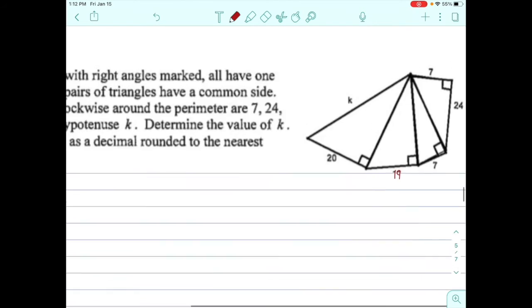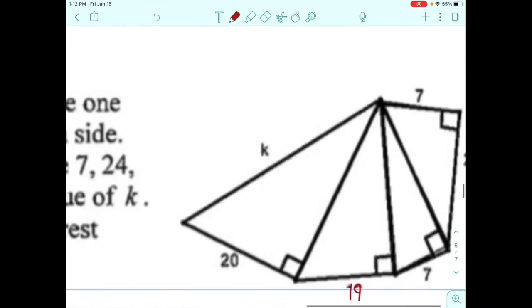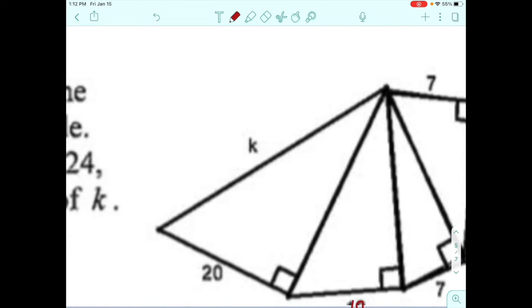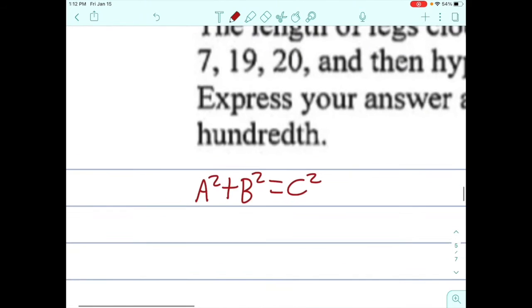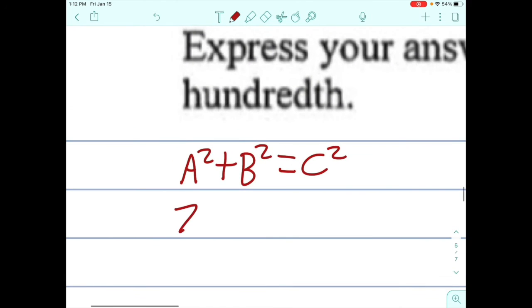So we have this geometry problem where we're trying to find k. We're basically just going to use a squared plus b squared equals c squared to find every hypotenuse of these triangles until we can get to this one. So the first one is 7 and 24. Just plug those numbers in. 7 squared plus 24 squared equals c squared.